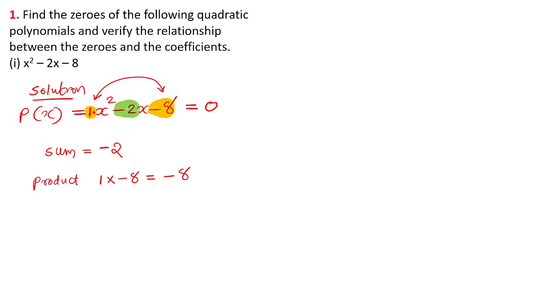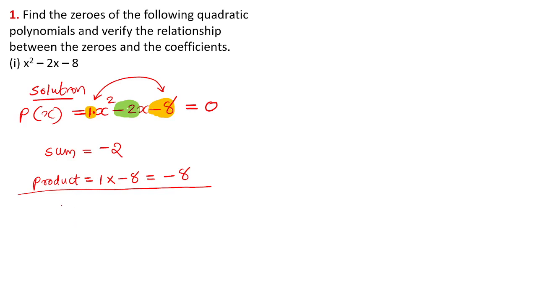I will repeat. To factorize a quadratic polynomial, this should be the first step. The middle coefficient must be the sum, and first coefficient into last coefficient, 1 into minus 8, should be the product. You have to find two numbers whose sum is minus 2 and product is minus 8.